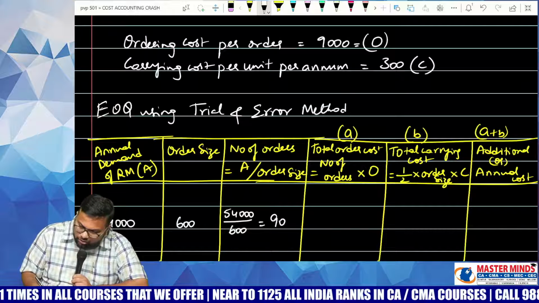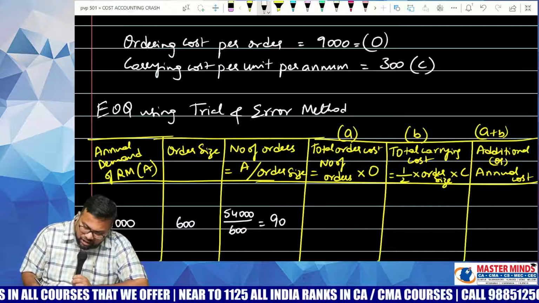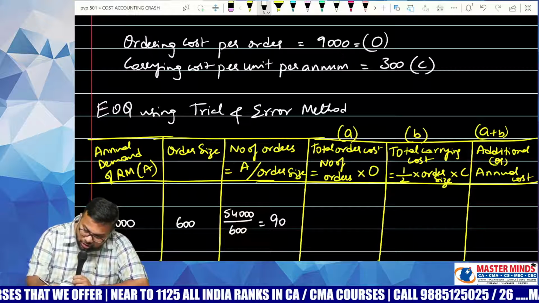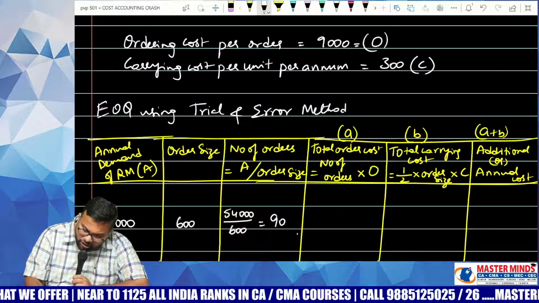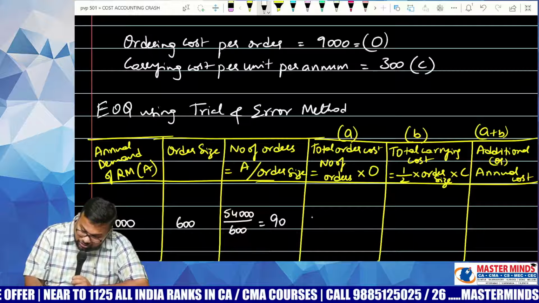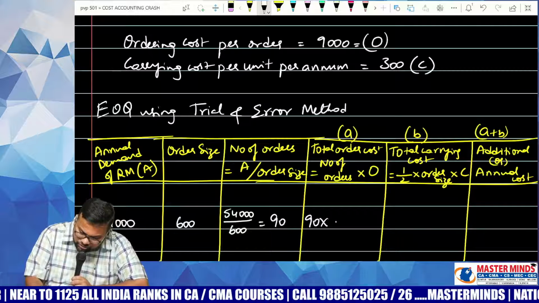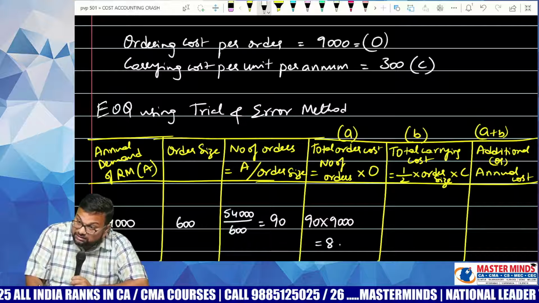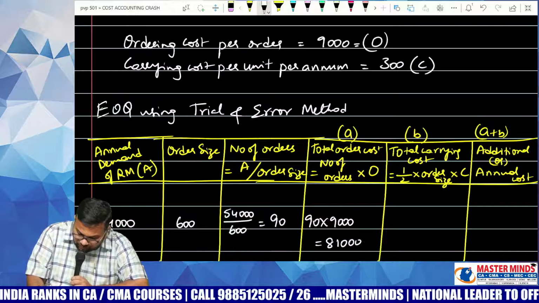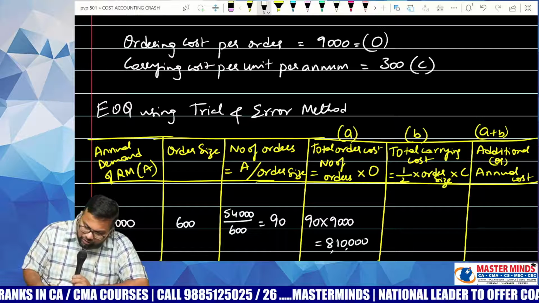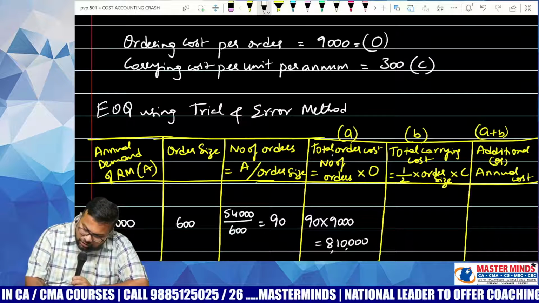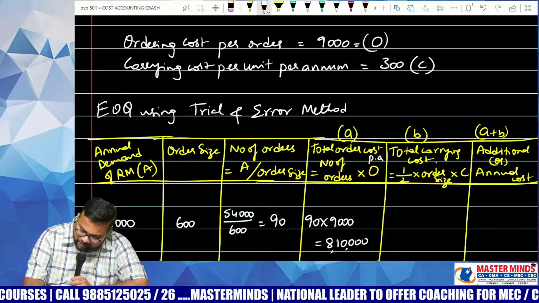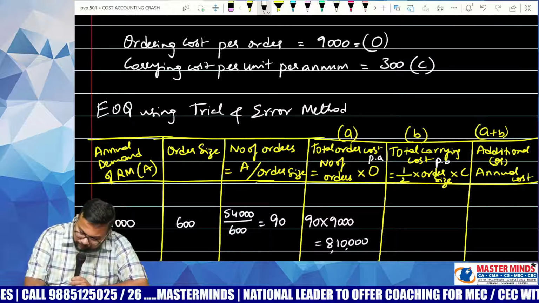Now total order cost. For each order, what is the cost that you are incurring? 9,000. So altogether in a year, you are ordering 90 orders, so 90 into 9,000, which is 8 lakh 10,000. From this, what you can understand is that total order cost will be per annum, and total carrying cost is also per annum.